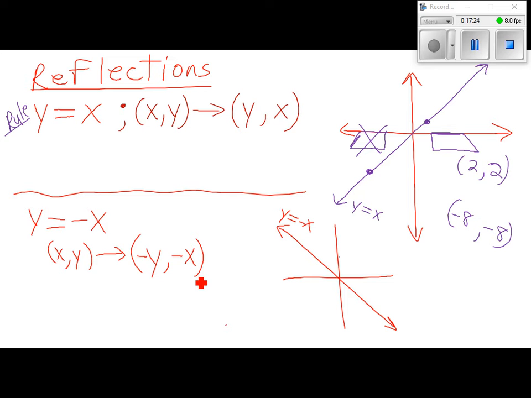Y equals negative x. I'm going to write three things here. First thing you're going to do, find the coordinates of, what's the first shape called? The pre-image. So you find the coordinates of the pre-image.